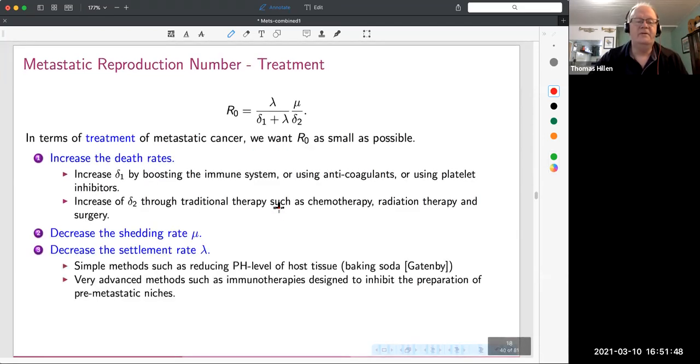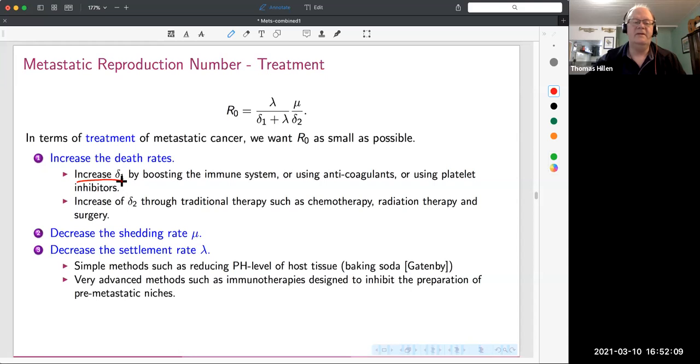Then if you want to use it for treatment, of course, you can either increase lambda or decrease lambda, you can increase deltas, you can decrease mu. So what does this mean? You can increase delta 1 by boosting the immune system or using anticoagulants or using platelet inhibitors.